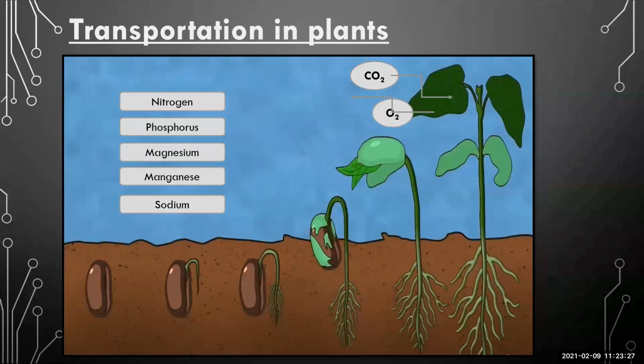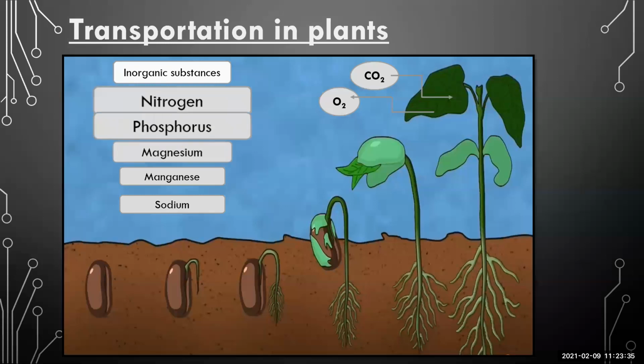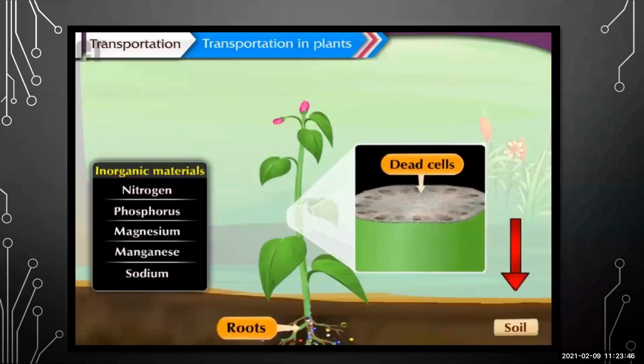So we can see here the oxygen is being given out by the plants, carbon dioxide is taken in by the plants, and the other inorganic substances, nitrogen, phosphorus, magnesium, manganese, and sodium, are required by the plants, which they get from the soil through the roots.